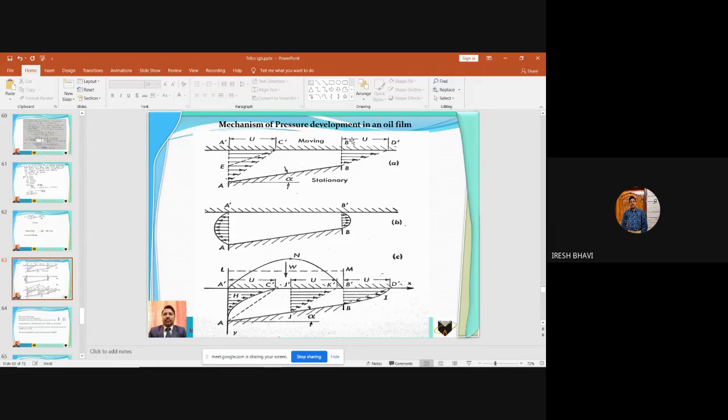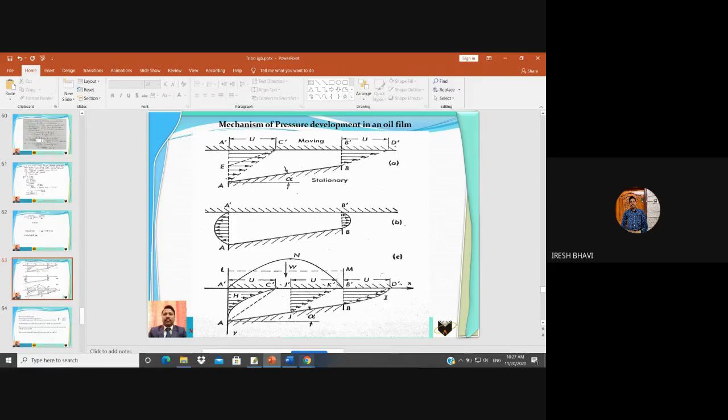The volume of the lubricant entering the section A dash during unit time is A C dash A dash.